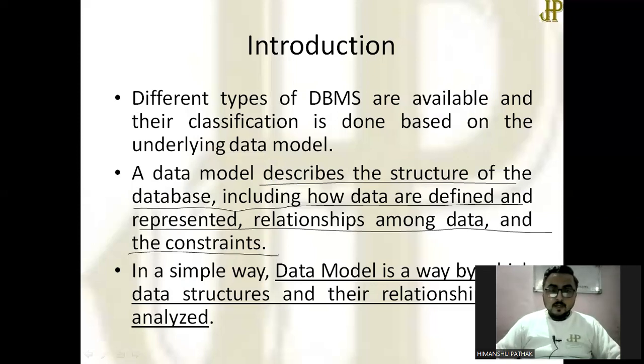So if you define it in a simple way, data model is a way by which data structures and their relationship are analyzed. That's it. Okay.